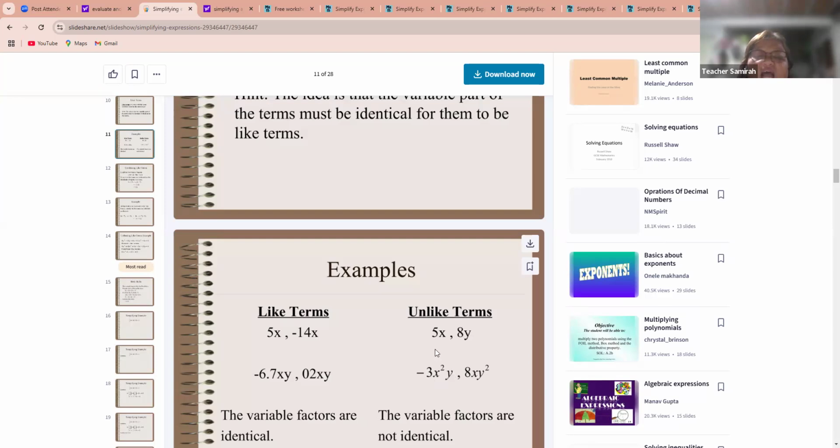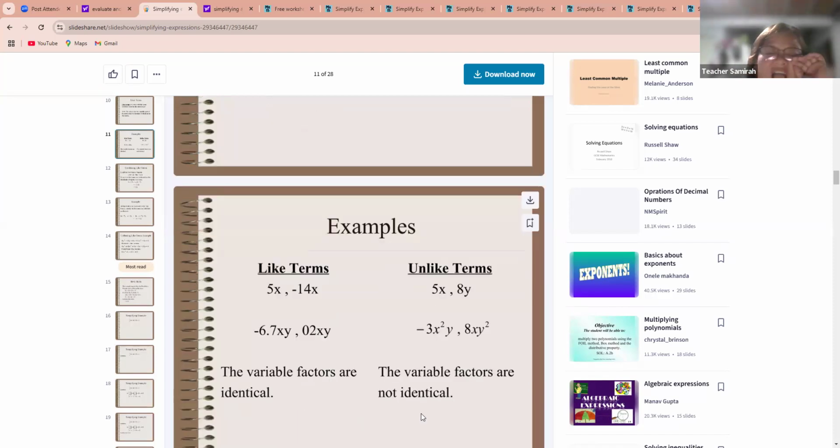The first one has a variable x which has the power of 2, while the second one has a variable x but it doesn't have a power of 2. The first one has a variable y, while the second y actually has a power of 2. Therefore, they are not the same term. They are called unlike terms. So the variable factors are not identical, or the variable factors are not the same.